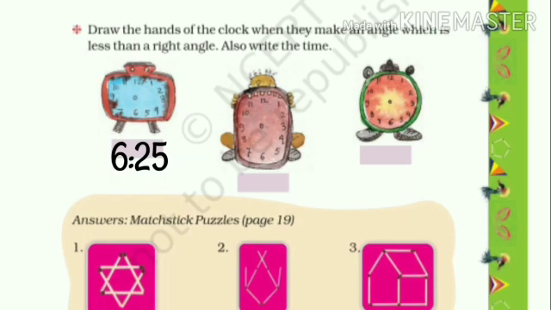Next, 6:15 will form a right angle, but as we have to show less than a right angle, the timing will be 6:25. Next, if I'm taking 2 o'clock, no, 3 o'clock will be my right angle, but I have to show less than a right angle.